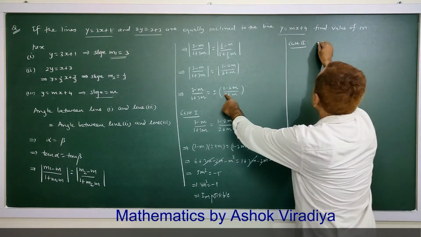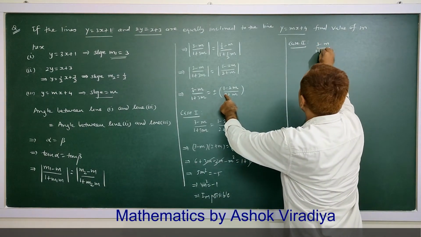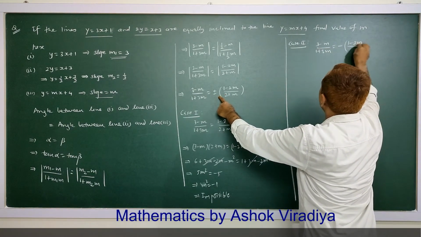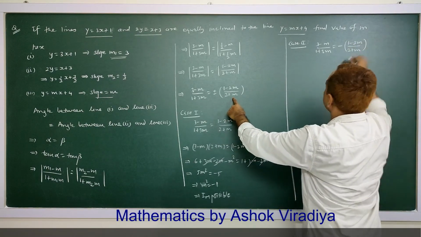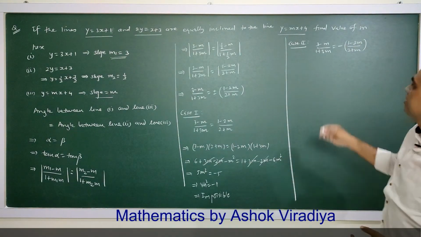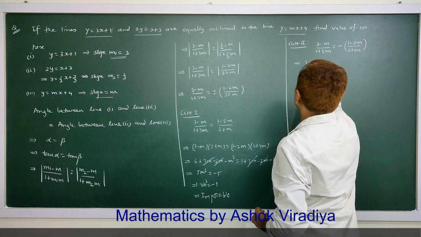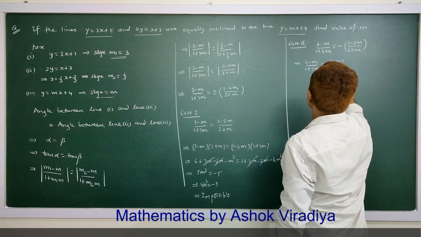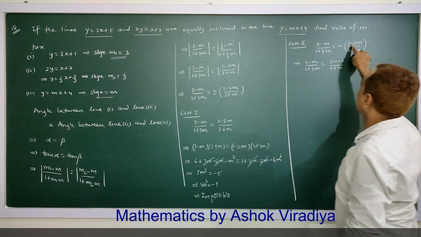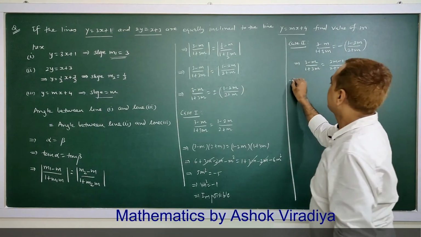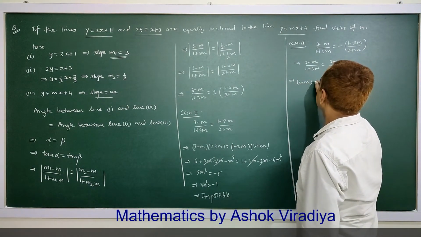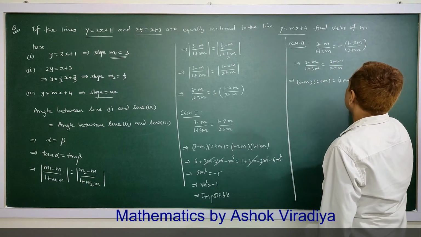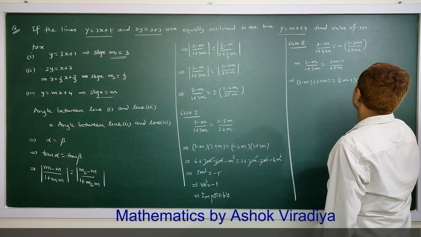Case 2: 3 minus m upon 1 plus 3m is equal to minus 1 minus 2m upon 2 plus m. That is, 3 minus m upon 1 plus 3m is equal to 2m minus 1 upon 2 plus m, changing this sign here. Now simplifying this, 3 minus m into 2 plus m equals 2m minus 1 into 1 plus 3m.